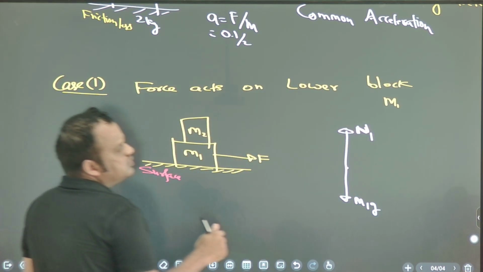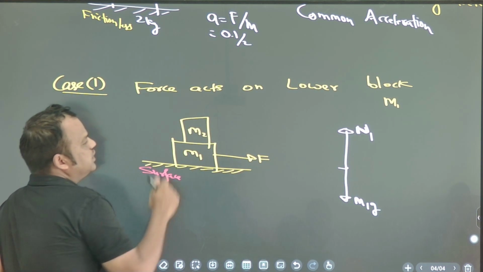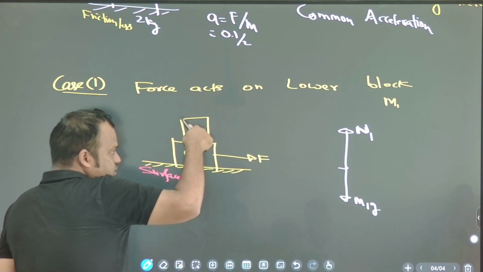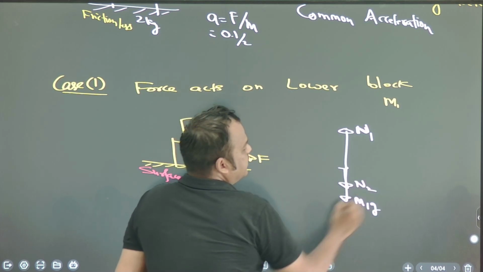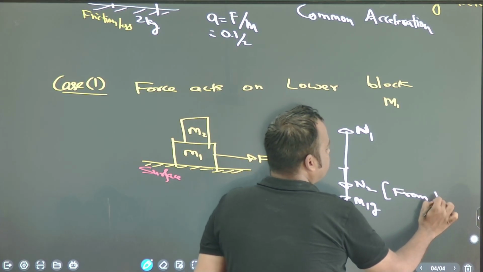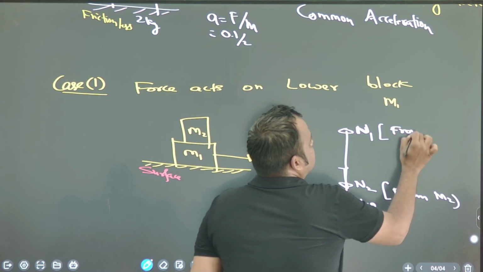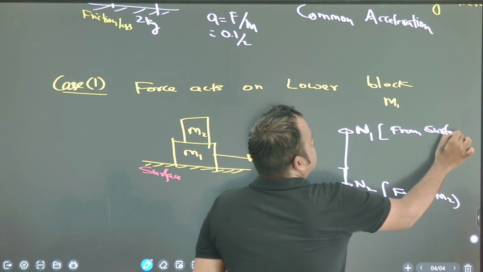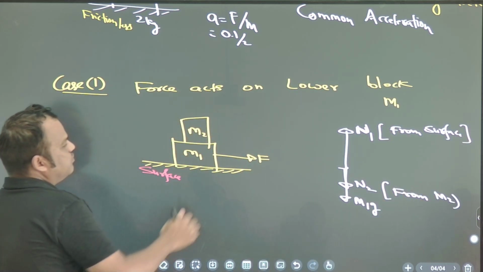N1 is the normal due to surface. M2 will exert one normal force downward. This is N2. So this N2 is from M2. This N1 is from the surface.